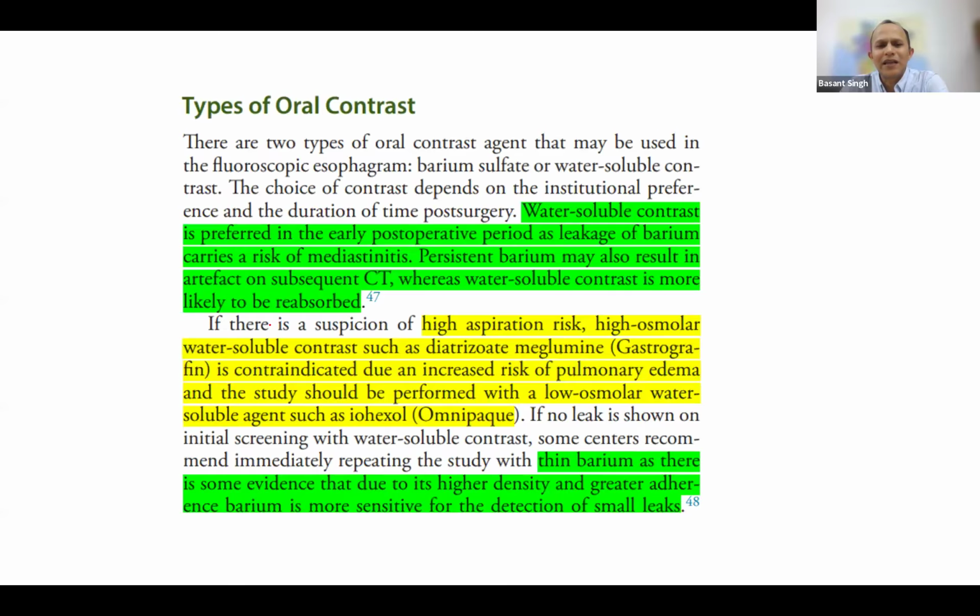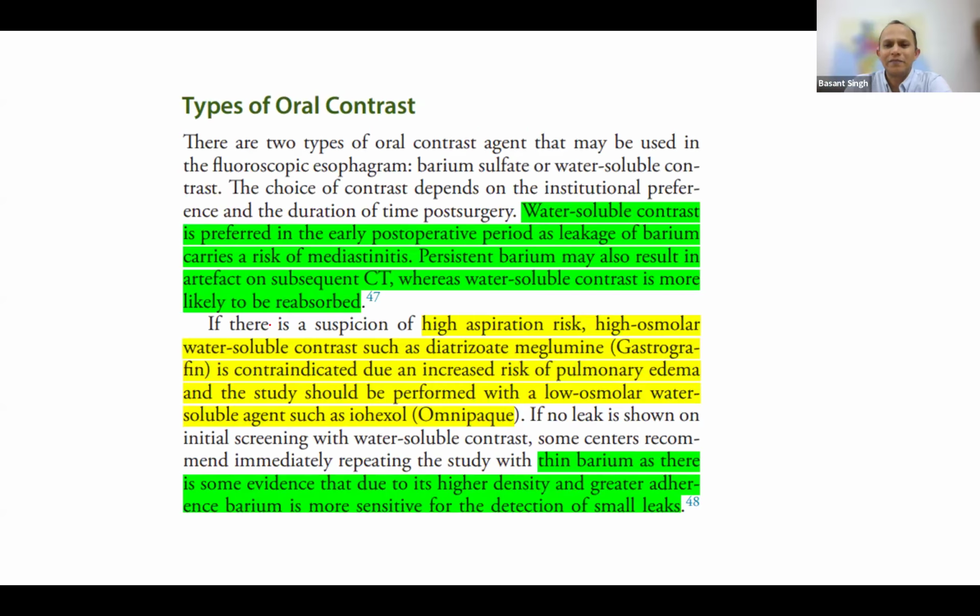So what they have written, if you read your book, is that water soluble contrast is preferred in the early post-operative period as leakage of barium can cause mediastinitis. This is okay. So high aspiration risk, use this, Omnipaque, iohexol. So what they are saying is the patient has a high aspiration risk, use Omnipaque.